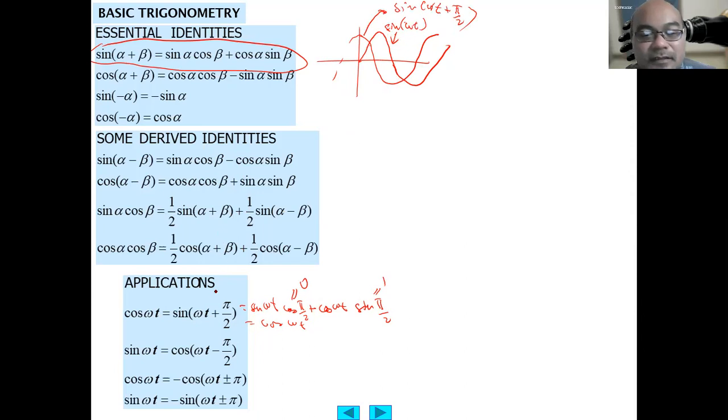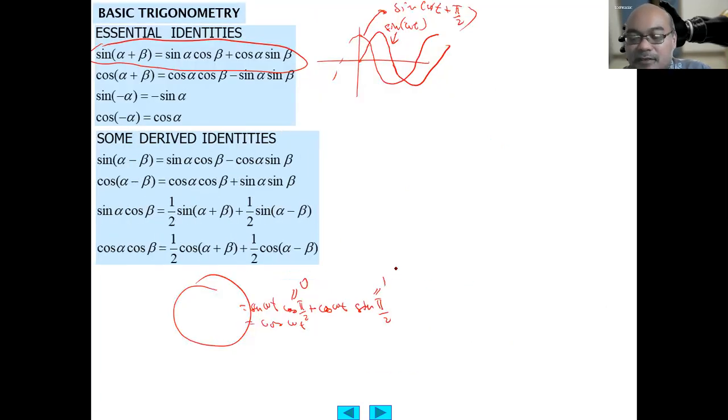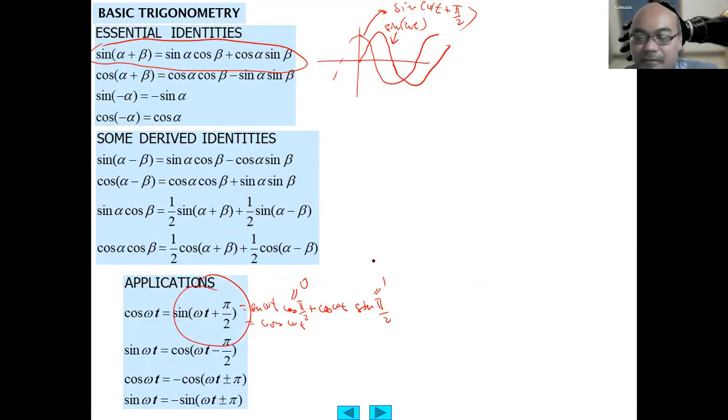Okay, so we can also find it from this identity. Depending on what you prefer, you can understand it either from these algebraic identities or from the previous concept, in this picture, that originates from the concept of leading and lagging. On the other hand, sine omega t is basically a cosine function, but lagging the original cosine function by pi over 2.